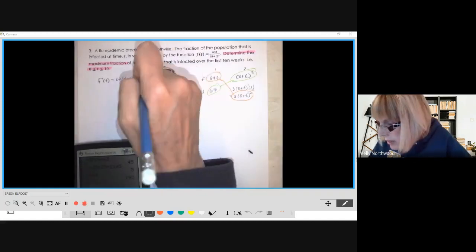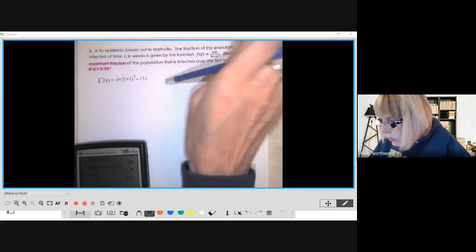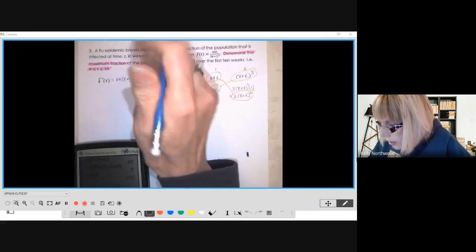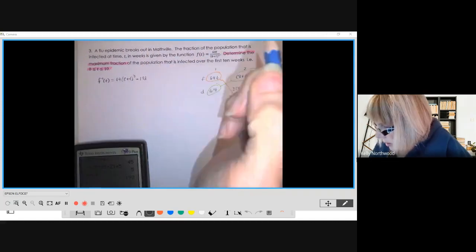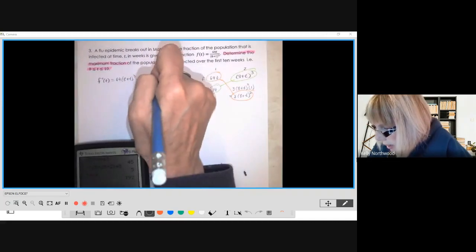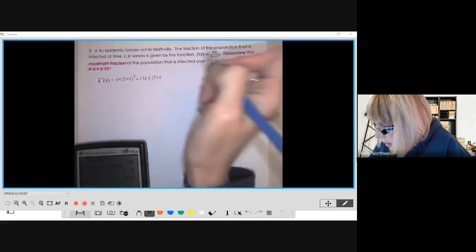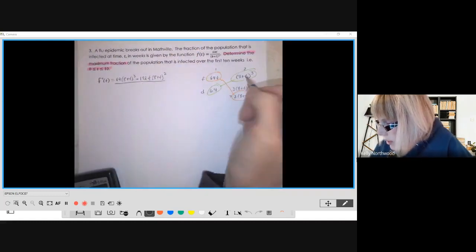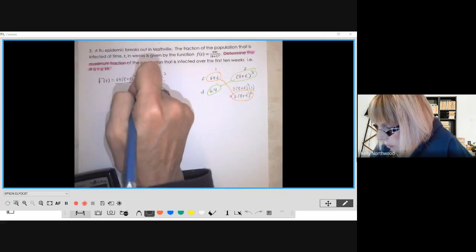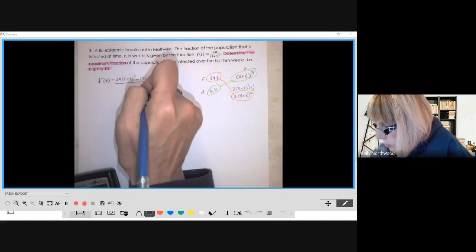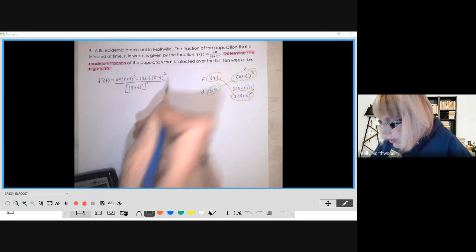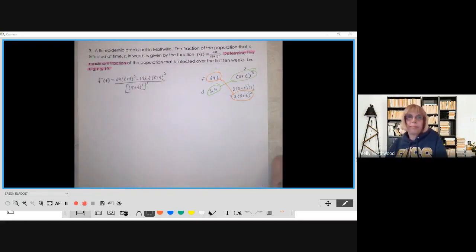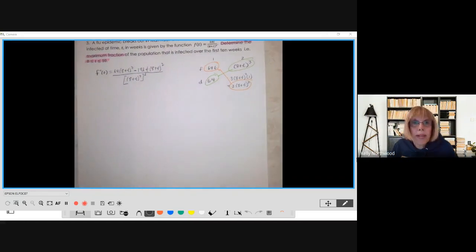So it's going to be minus 192t, 8 plus t squared, all over the second, 8 plus t cubed squared. And because we want to set it equal to 0 and solve, it's definitely good to simplify it as much as possible.